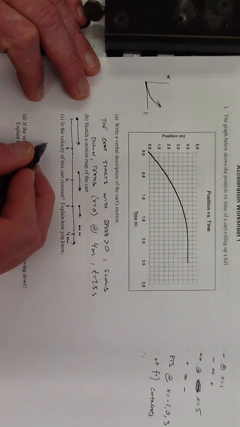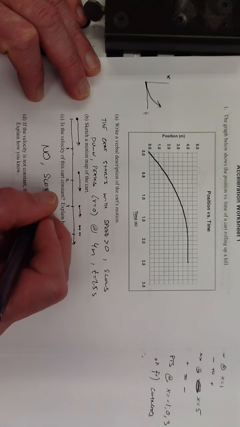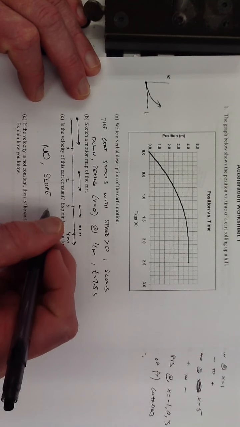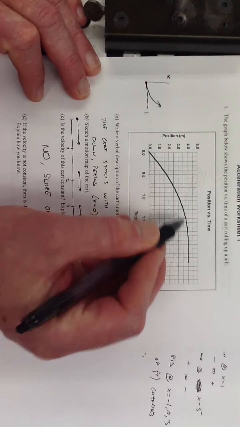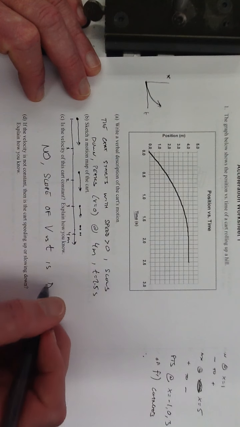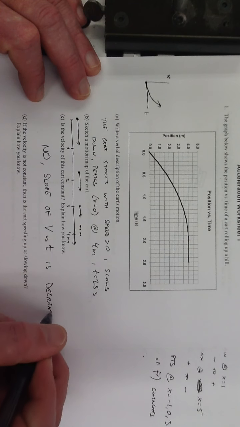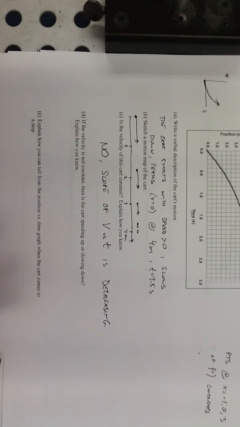Is the velocity constant? No. And there's different things you could say here. Slope of V versus T is decreasing. That's one way you could say it. Other things you could say would be correct there.